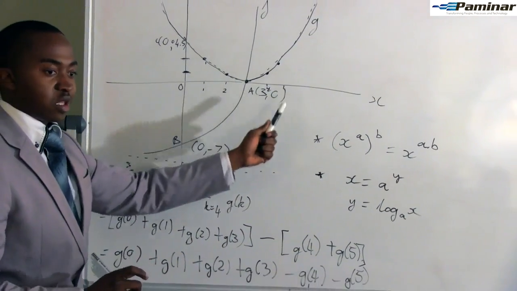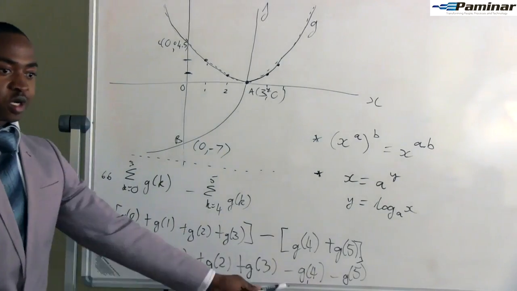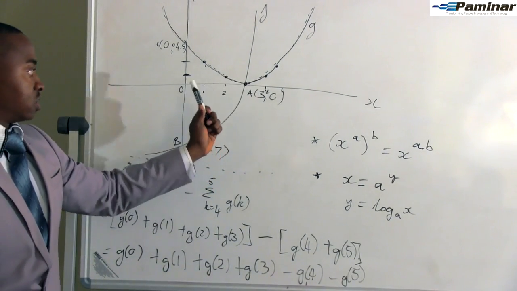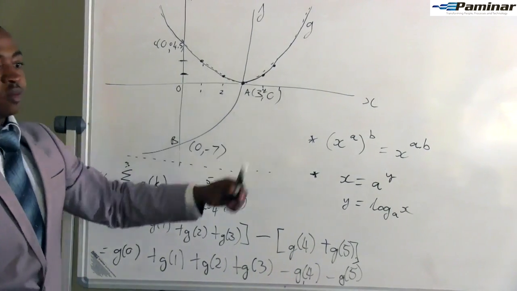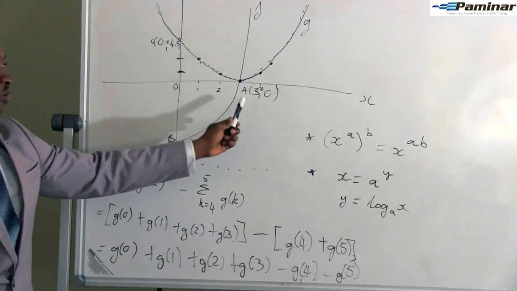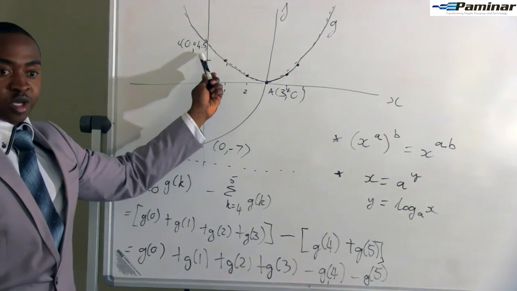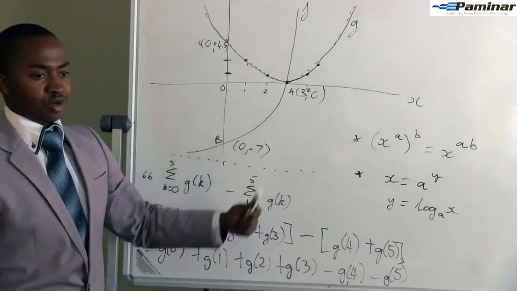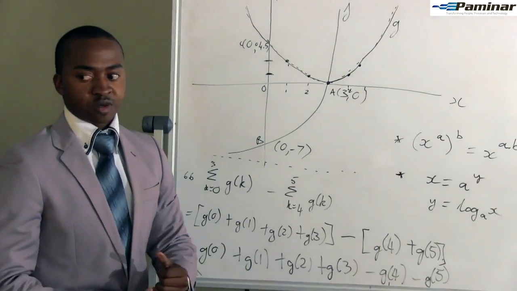Then once you understand that, you see that some of these will cancel out. g of 2 and g of 4, because they're the same, they cancel out. g of 1 and g of 5, they're the same, they cancel out. Then they give you these values for a reason. That's where you use your knowledge to find what g of 0 is and what g of 3 is. Then that's where your answer comes from.